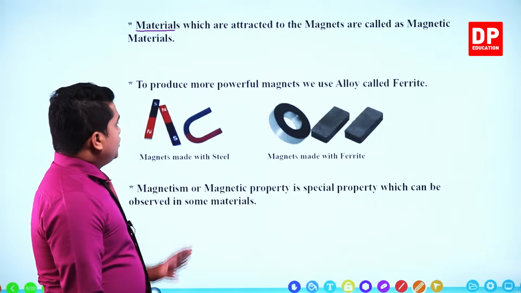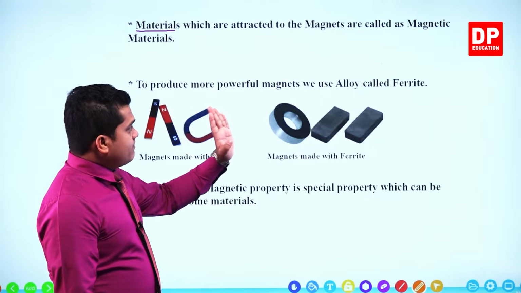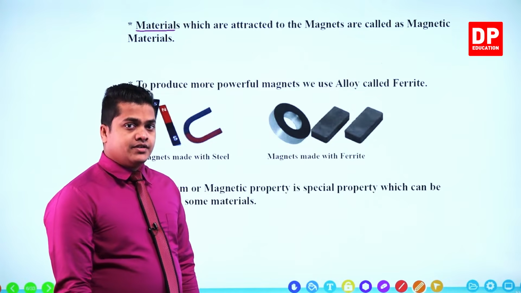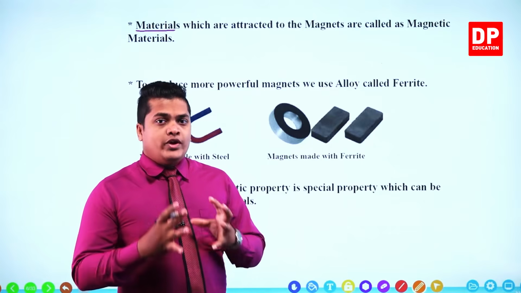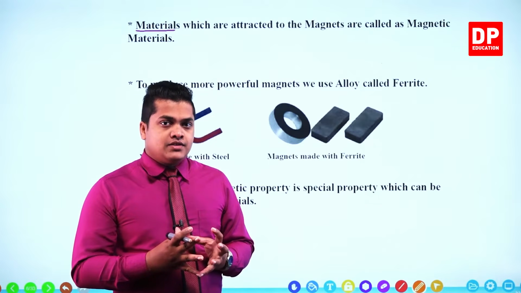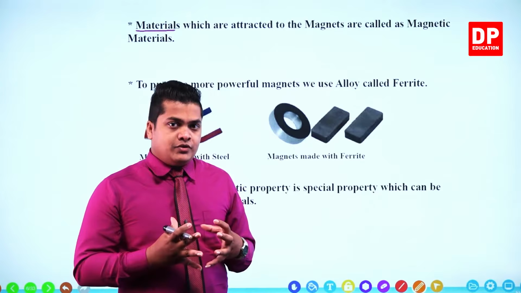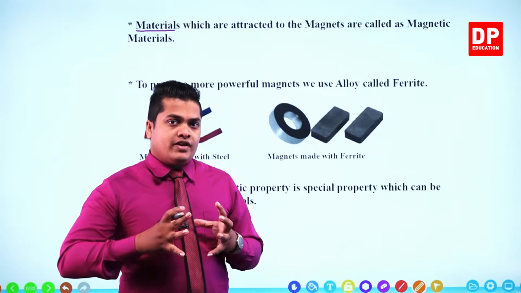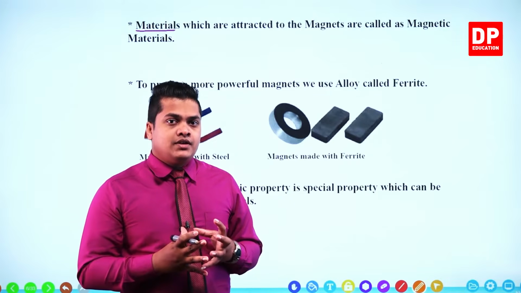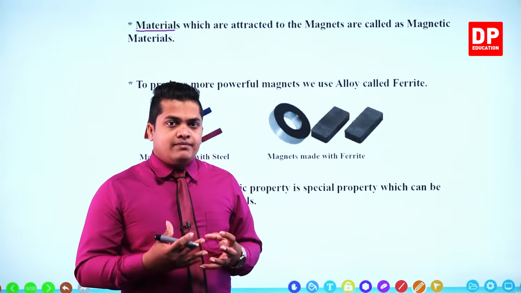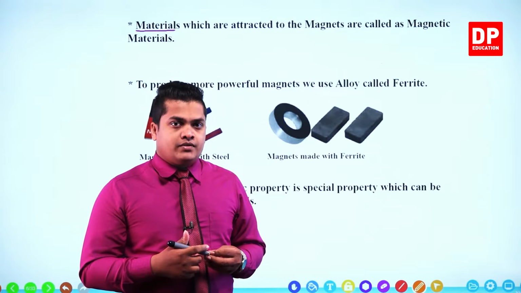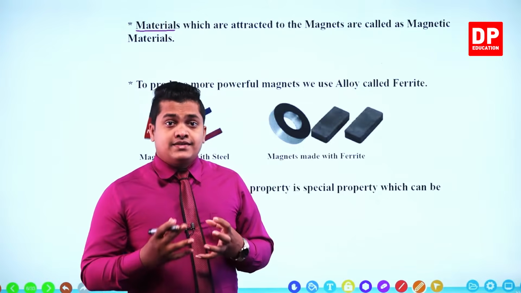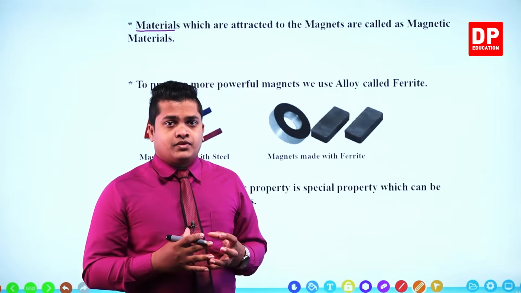To produce more powerful magnets, we use an alloy called ferrite. We use magnetic materials to produce magnets, so magnetic materials are really important for that.